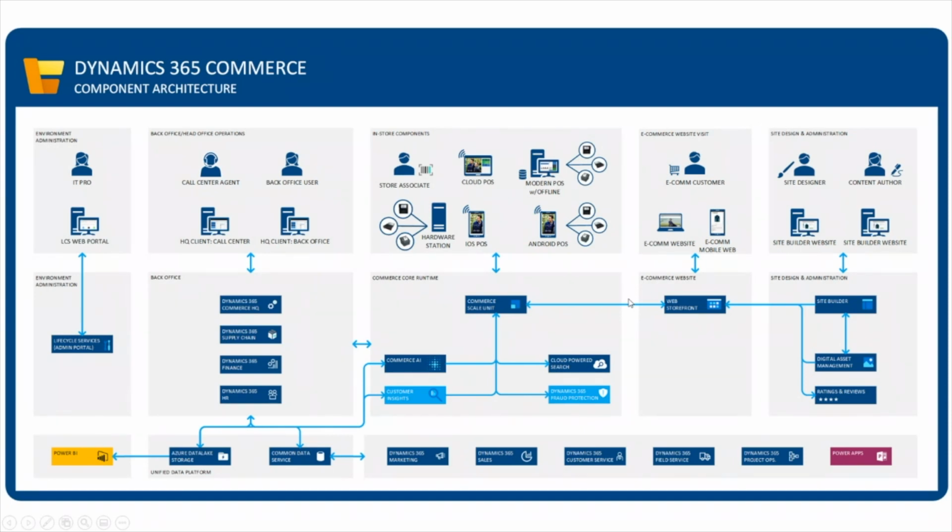Then in the middle, we have our operational workload. So this operational workload that I've shown here, the first one is for your brick and mortar stores. So these are your in-store components, such as your point of sale and hardware station and mobile devices, as well as peripheral devices that allow for processing of sales transactions in a retail store.